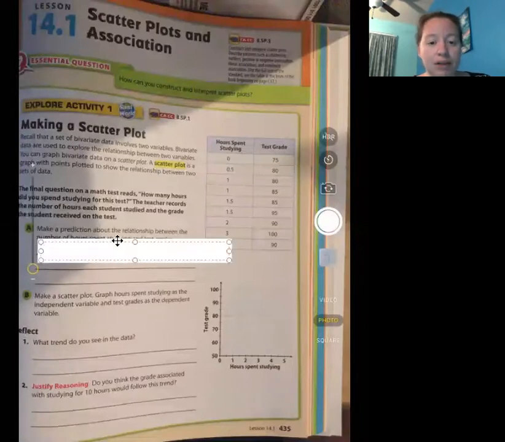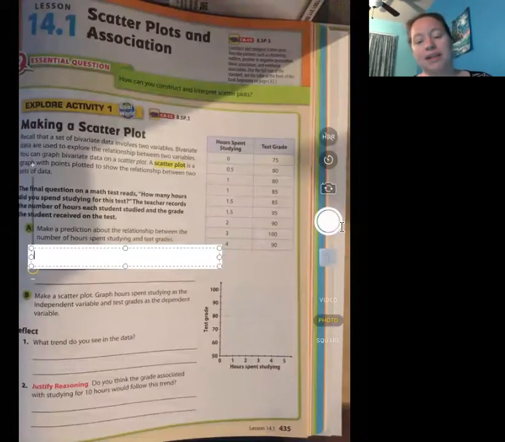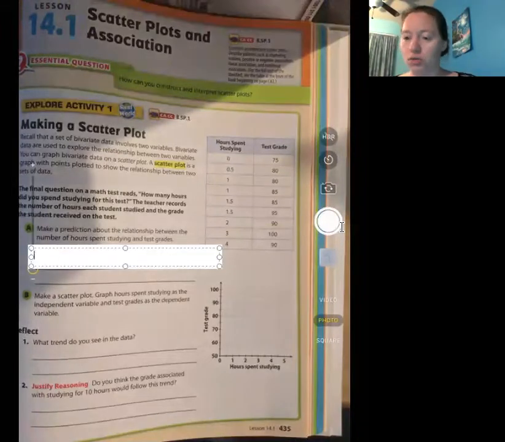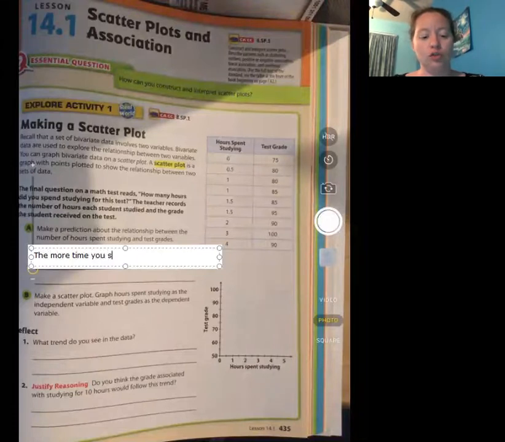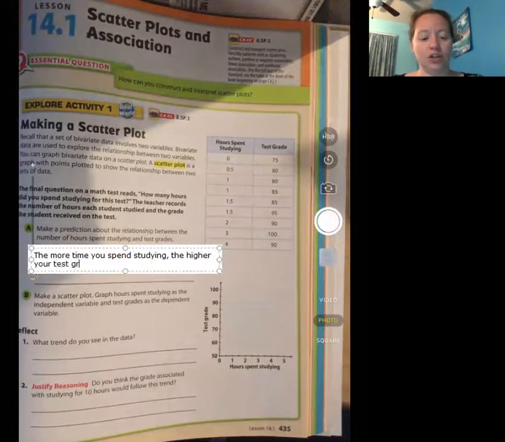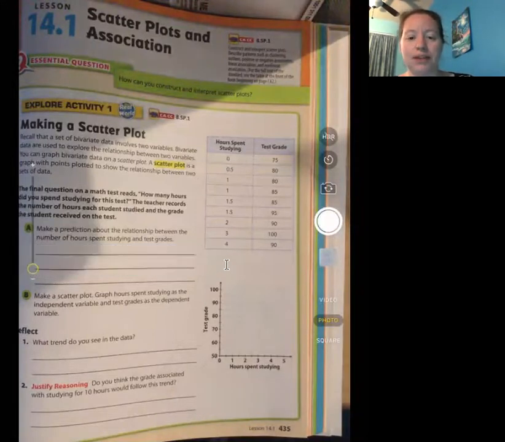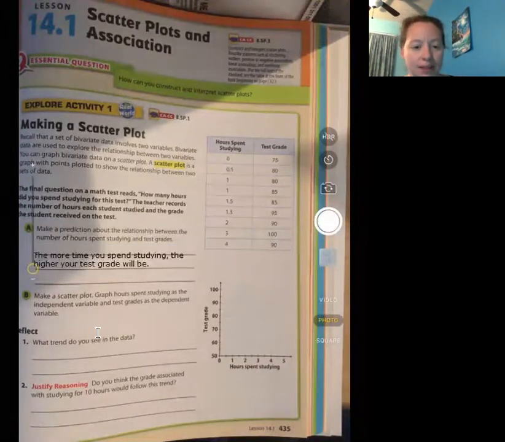Make a prediction about the relationship between the number of hours spent studying and test grades. I don't know without looking at the data so much, but my guess would be the more time you spend studying, the higher your test grade will be. I would expect that that's pretty typical, that that's what'll end up happening.